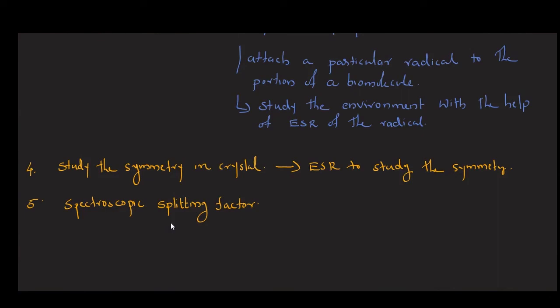For example, G0 is the G value, that is the Landé G factor, of a standard sample. Then G1 is the G value of the unknown sample.